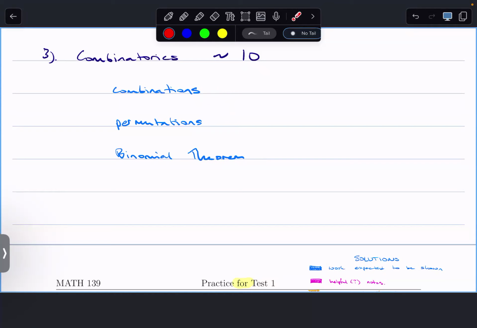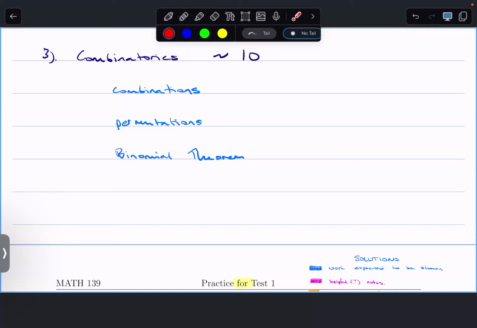Would you be doing Pascal's triangle, or you can just use the binomial theorem. If you're comfortable with the choose functions, then that's great. It's good for practice, but you don't have to.